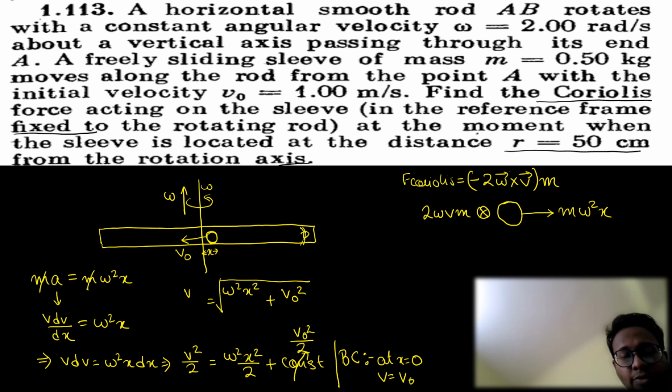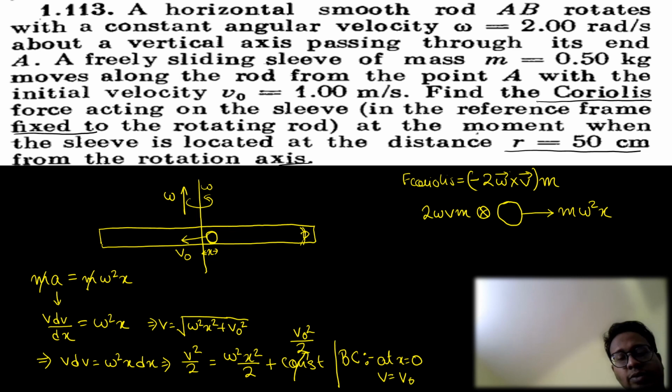V is equal to under root of omega square x square plus v naught square. So we have found the velocity. Now the only job remaining is to substitute this velocity here.